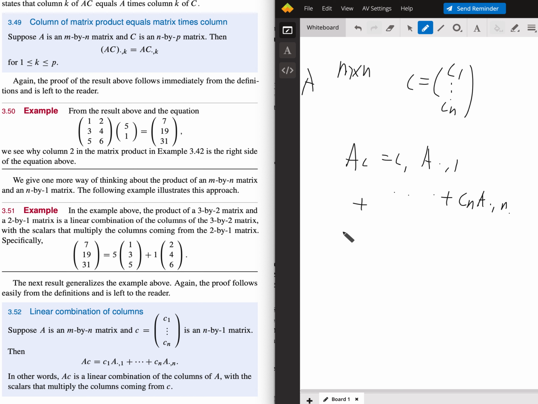Let's think about it this way, right? C is some arbitrary element inside some vector space of dimension n, let's say. Maybe less than dimension n, but I don't know. Because you can have a subspace inside a space of dimension n of less dimension than n, which is perfectly fine.